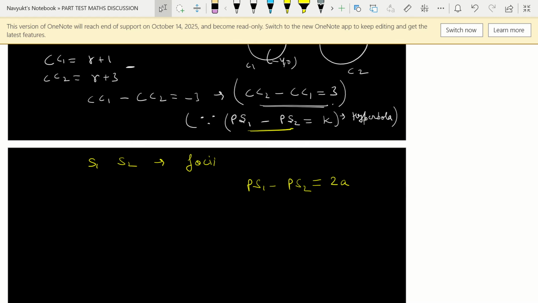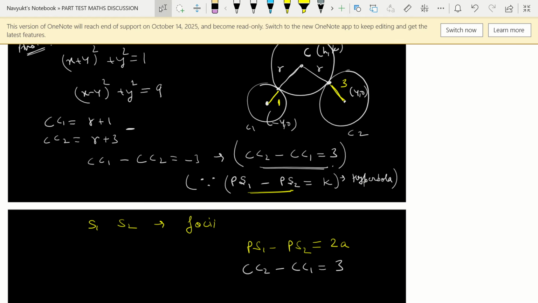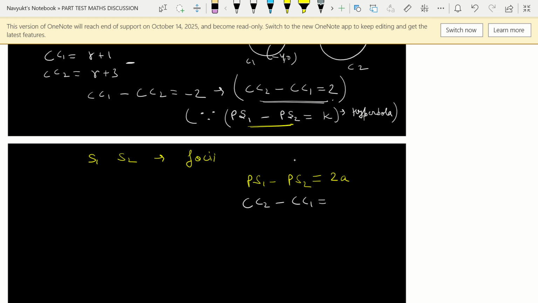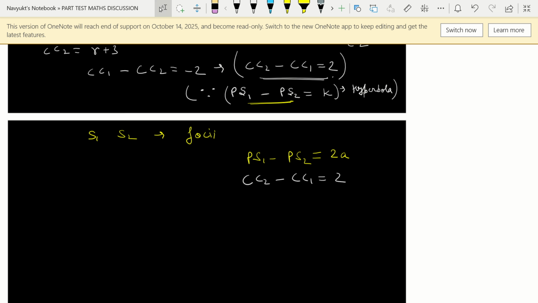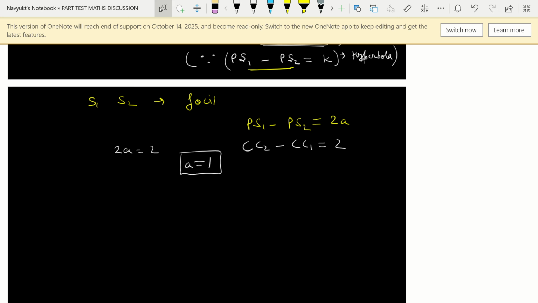So the same relation, if we write this here, wait, this should not be 3, this should be 2. This is 1 minus 3, my bad, 3 minus 1, 2, right? So this should be 2a equals 2. The value of a comes out as 1.